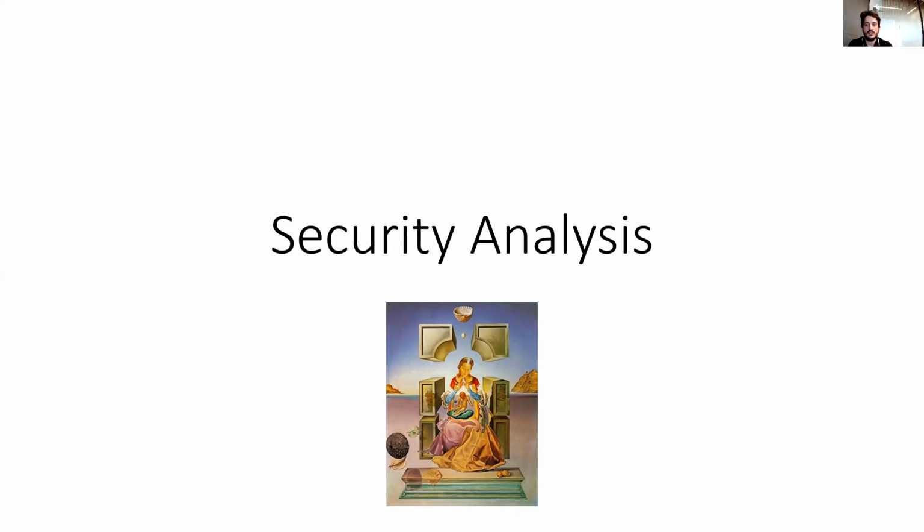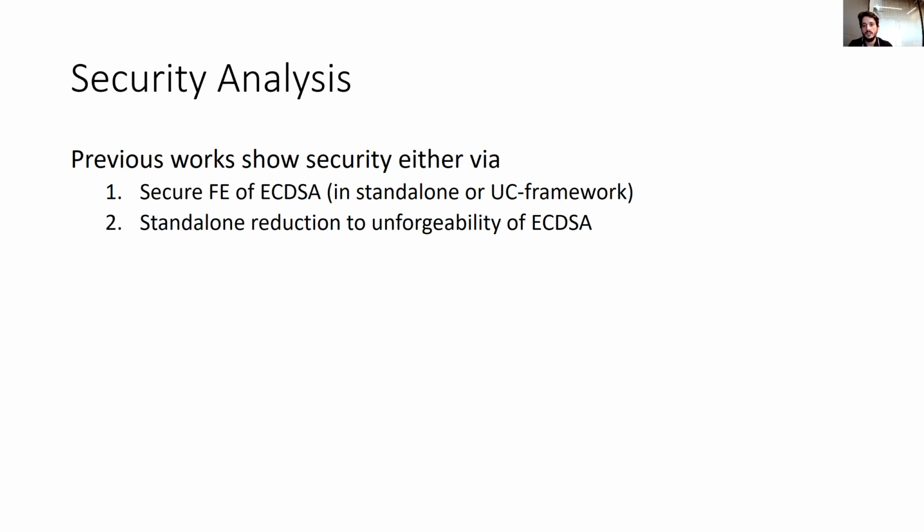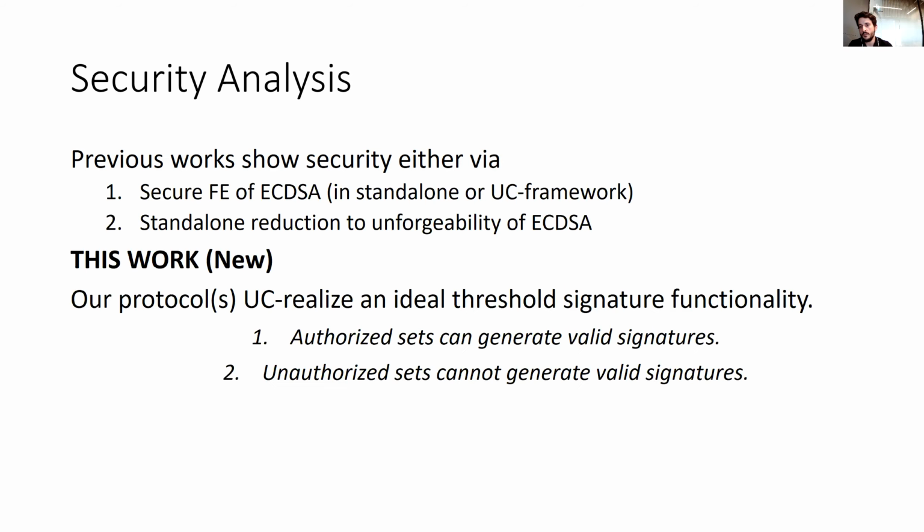So in the last part of my talk, I'm going to discuss the security analysis. Previous works on threshold ECDSA show security either via secure function evaluation of the ECDSA functionality or via standalone reduction to the assumed unforgeability of ECDSA. So we take a middle-of-the-road approach by showing that our protocols UC realize an ideal threshold signature functionality, which generically captures the essence of any threshold scheme.